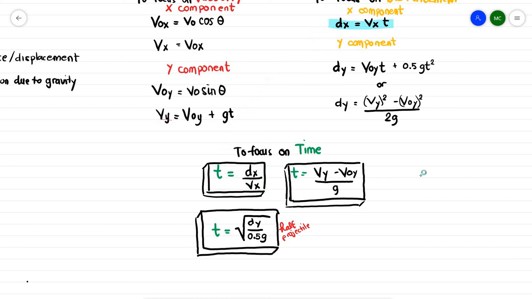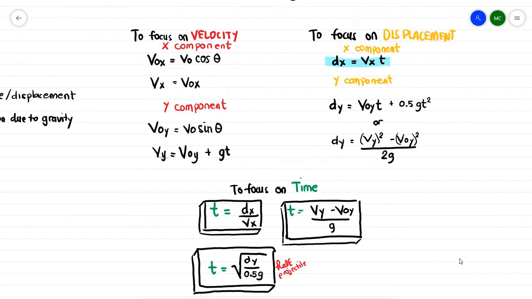Or what if the given problem is you need to find the time, but you are given only this or this, and this is constant. So it's easy for you to find the time. Or in some cases for the half projectile, you will just find the square root of dy over 0.5 g to get the time.